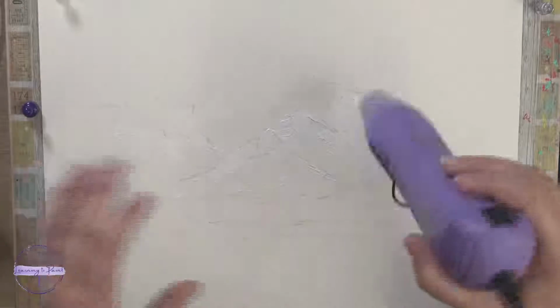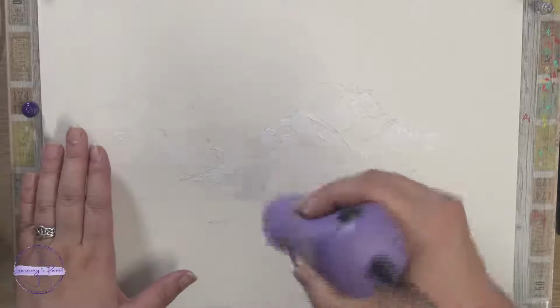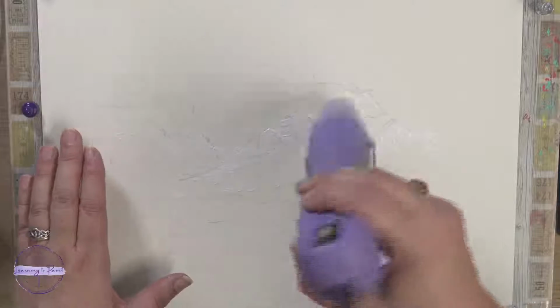So just bear with me a second while I start this process. I'm using my heat gun, hopefully so that you can still hear me over the top of it. We'll start off gently heating it, and then we'll work up a little bit.